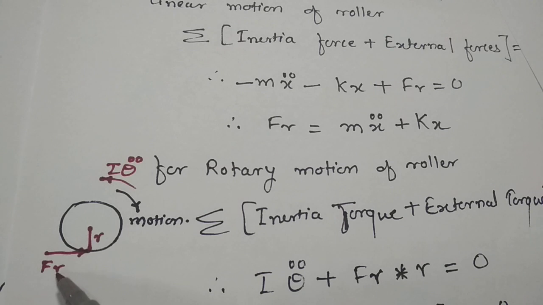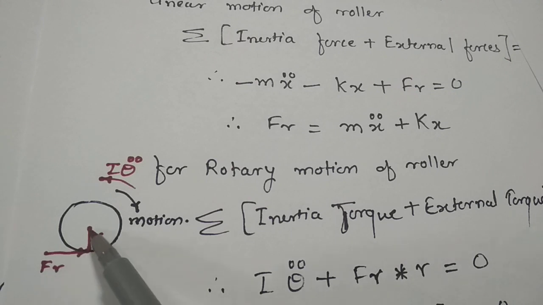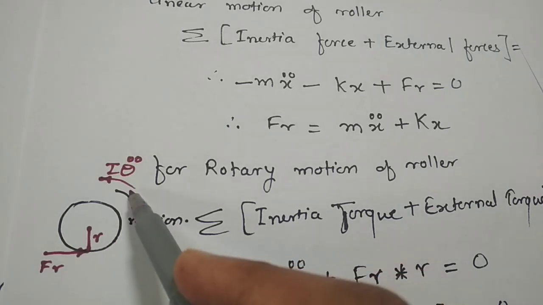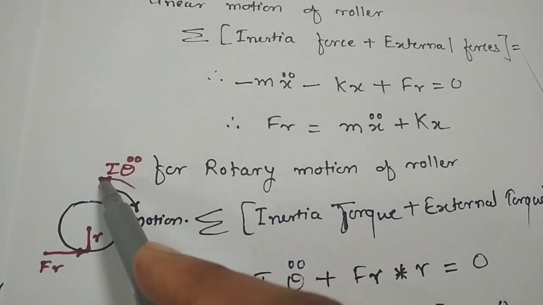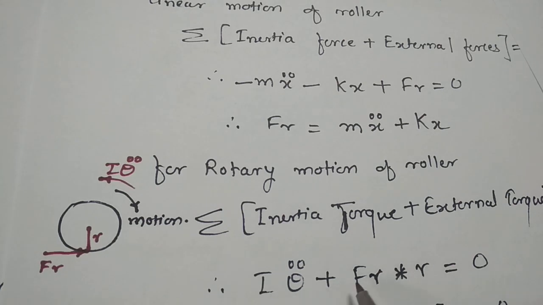And similarly, this Fr force is acting like this, and due to that, torque is again created. So Fr into radius, that will be the torque. So if we consider anti-clockwise as positive, I theta double dot plus Fr into r will be equal to 0.